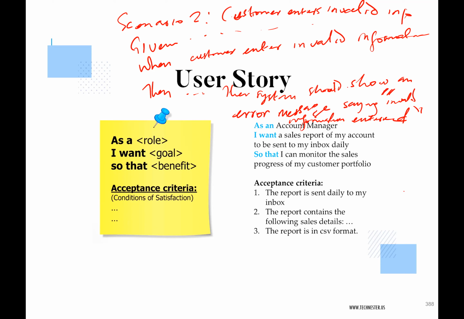Again, you can change the should to shall. Then the system shall show an error message saying invalid information entered. Show an error message to the user. Right, so this becomes a second scenario.